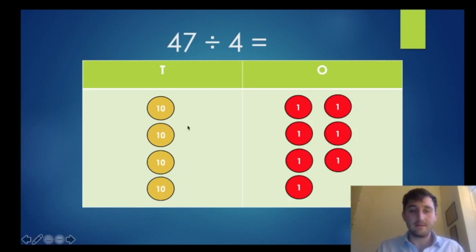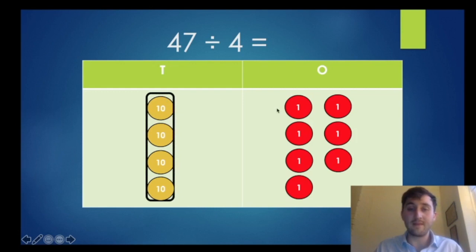Okay, so can you see I have put my representations in. You can see that I have put my 10s in rows of 4 because I am dividing by 4. So I've got one group here, I've got another group of 1s here, my group of 4, but then I've only got 3 here.